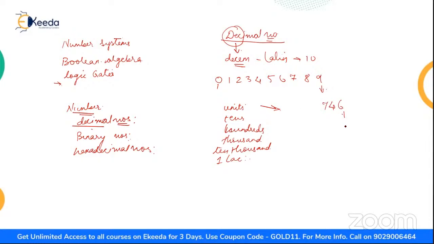So this rightmost digit has units place. The second, towards its left, has tens place. Then the first digit here has hundreds place.